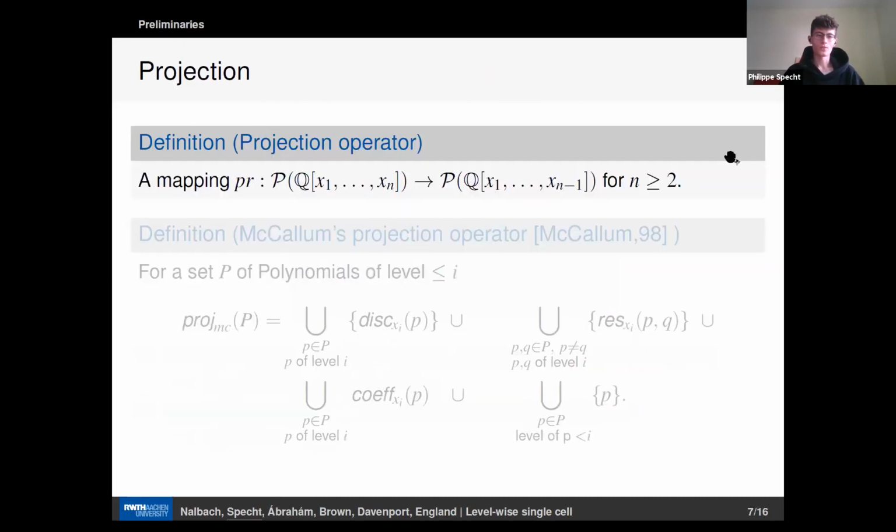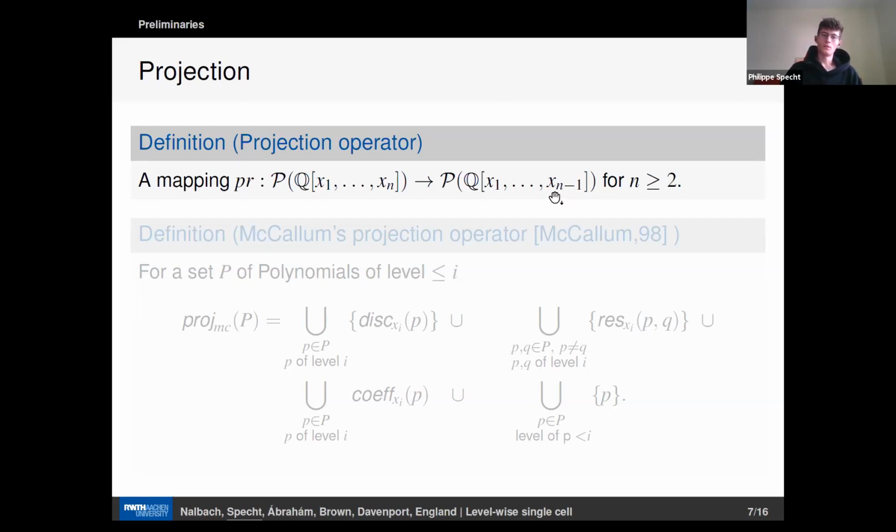So what is projection? For projection, we generally use a projection operator. This is nothing more than a mapping from polynomials of level n to polynomials of at most level n-1. This in itself does not do a lot. You could define something very trivial very easily.